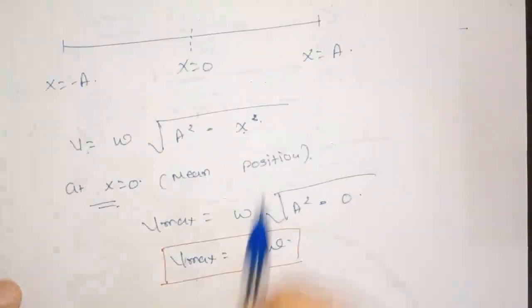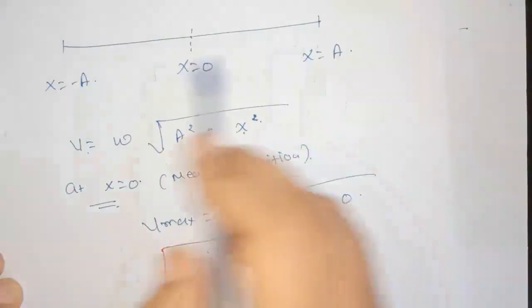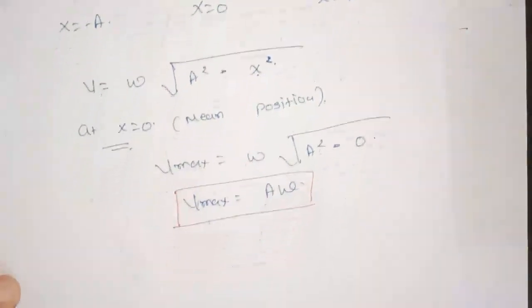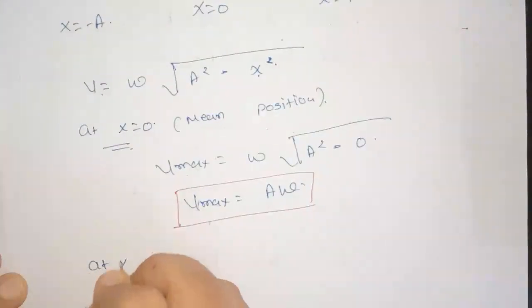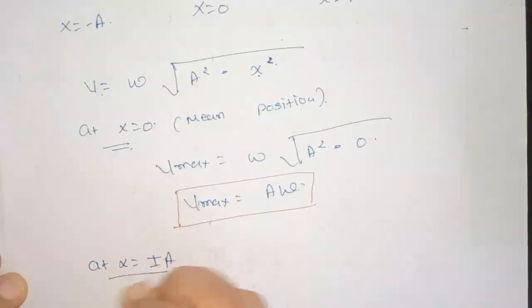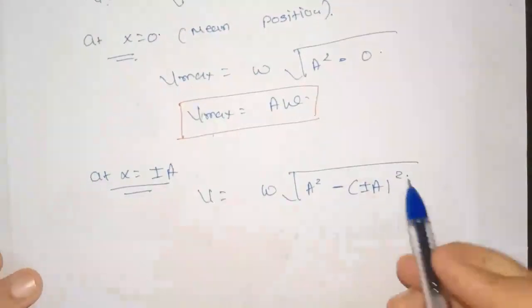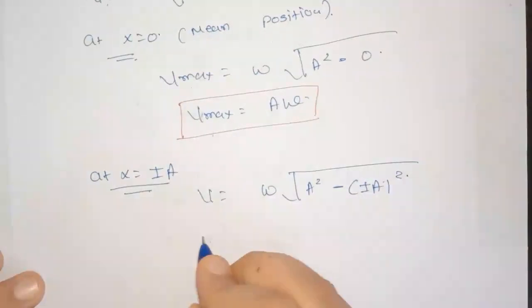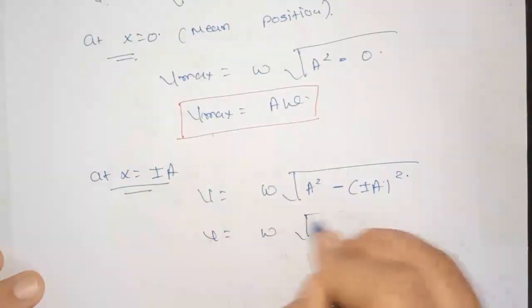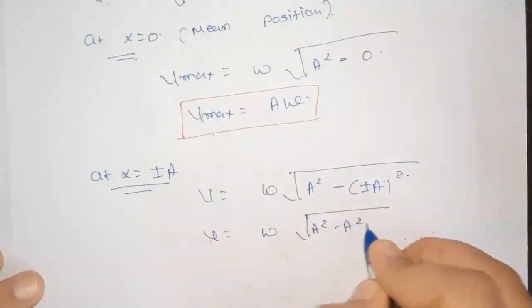Now, at extreme position, either x equals A or x equals minus A, x equals plus or minus A. V will be omega under root A square minus (plus or minus A) square. It is square, so it will always be positive. So, V will be omega under root A square minus A square.